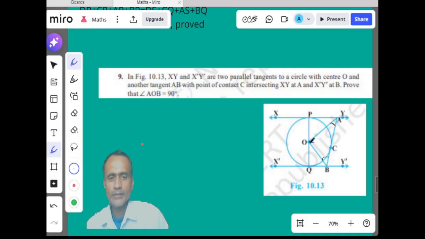Let us draw a line OC. And you see that angle OCA is 90 degrees. This angle is also 90 degrees. Now what do you see? How to prove now?